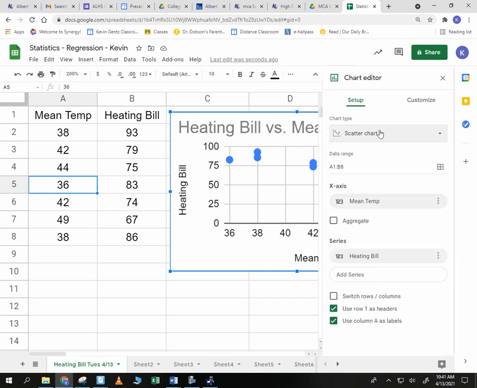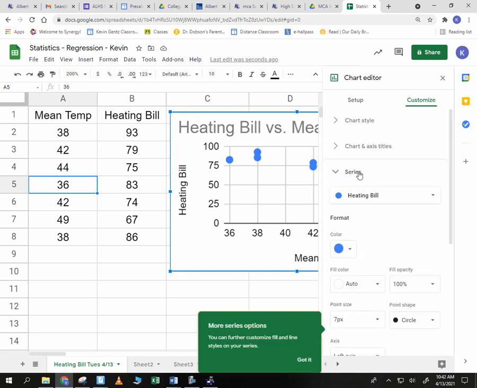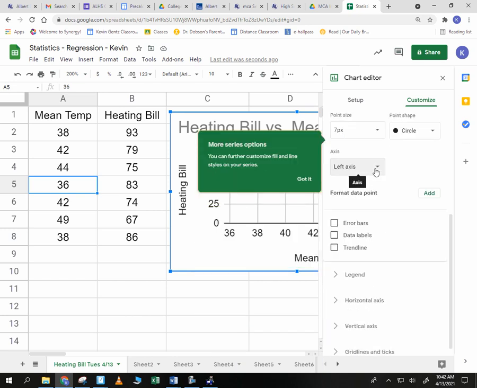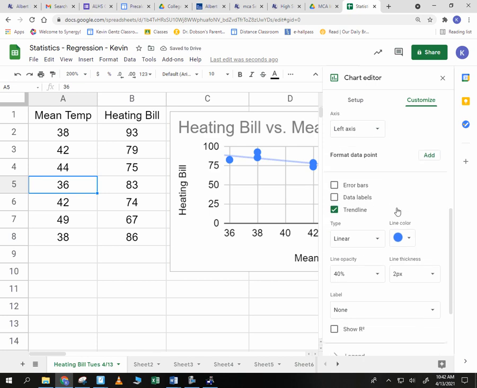Hit this box right there. Grab Edit Chart. Go to Customize. And go to your series. As you scroll down, you can see that you can insert a trend line. And you could choose to show R squared.